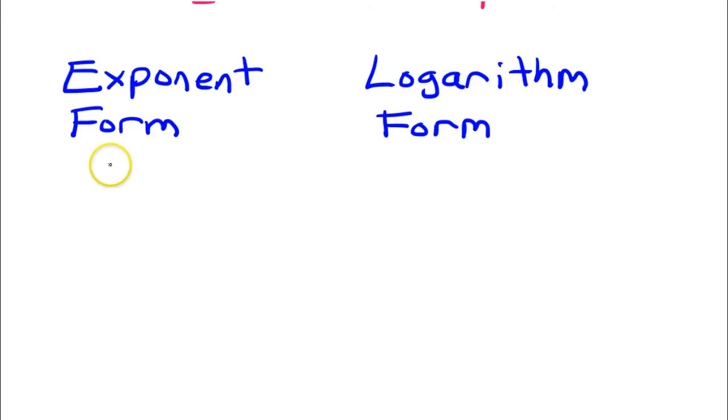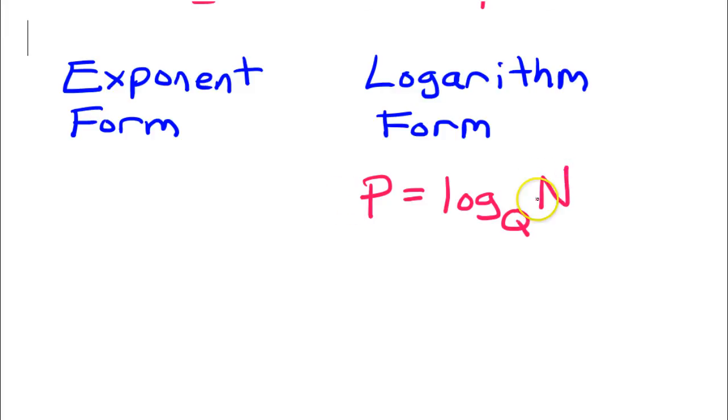You need to be able to go in the other direction too. Here's something in log form. Say I have p is equal to log base q of n. I should be able to rewrite this in exponent form. Again, focus on the base. The q is the base.